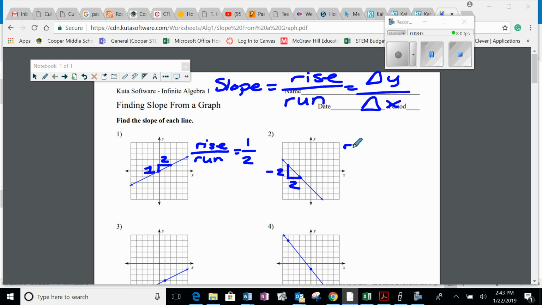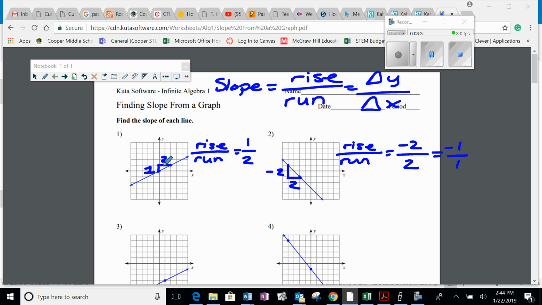So that means my rise over run would be negative 2, because I had to go down, over a positive 2, which we can simplify to negative 1, or you can say negative 1 over 1. That's all there is to it when we're graphing. Draw your right triangle, and then count your boxes. And it's rise over run.